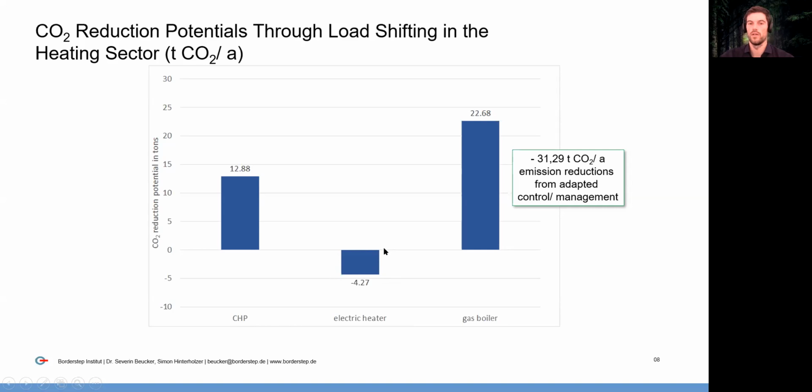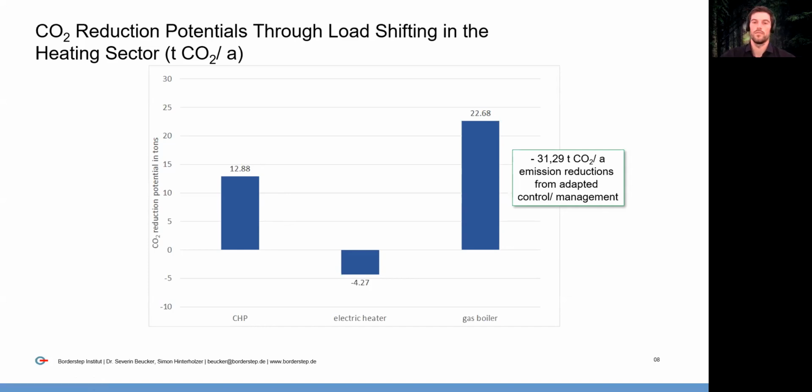So compared to not using electric heater, this will always produce some CO2 emissions, but it is only operated in times of very low CO2 emissions in the electricity grid, and this only enables us to not use the gas boiler during these hours and to avoid the CO2 emissions that gas boiler would have caused if it would have produced that heat, or the CHP would have produced if it would have run directly.